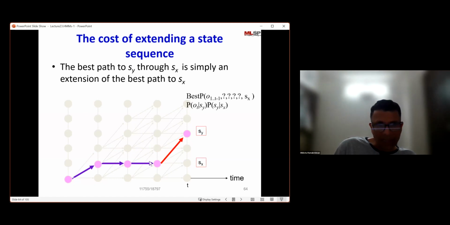So now, the best path to Sy through Sx is definitely going to be the best path to Sx extended to Sy. So the probability of the best path that goes from Sx to Sy is the probability of the best path to Sx, times this transition probability, times the probability of generating the tth observation from Sy, right?